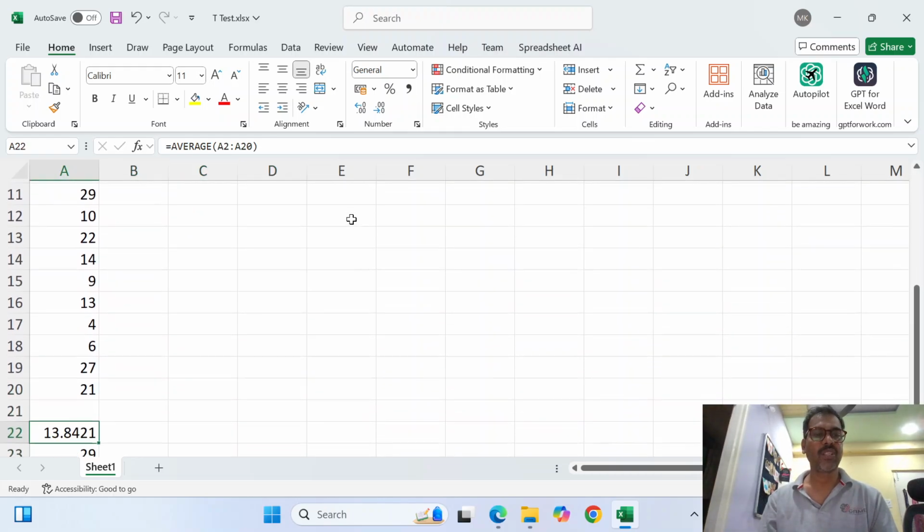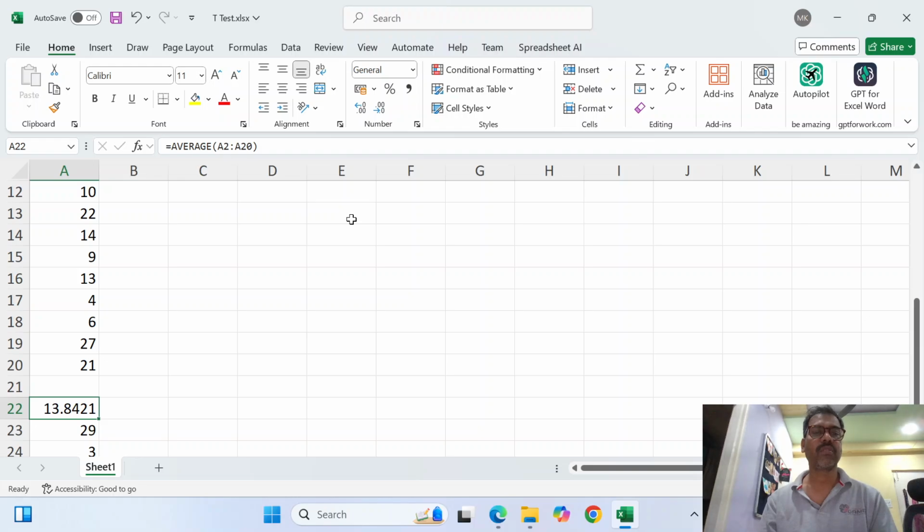So the sample average is 13.84. So we are going to take the inference. Okay, that's why we call it inferential statistics, right? T-test helps us to infer what is happening in the population based on the sample data.